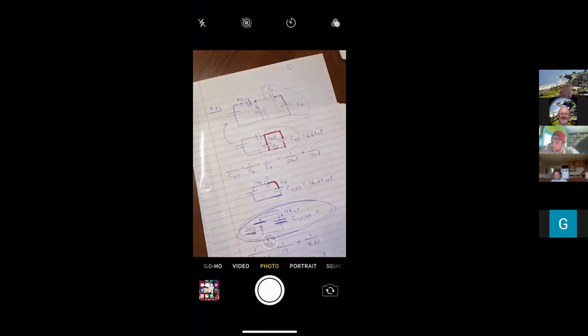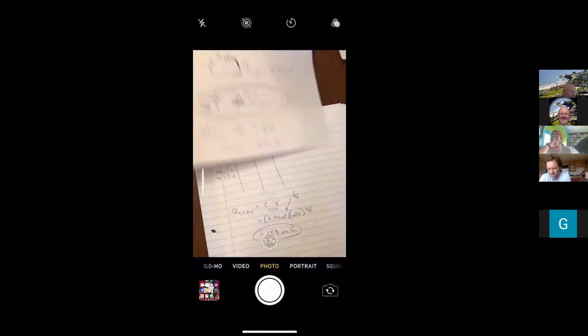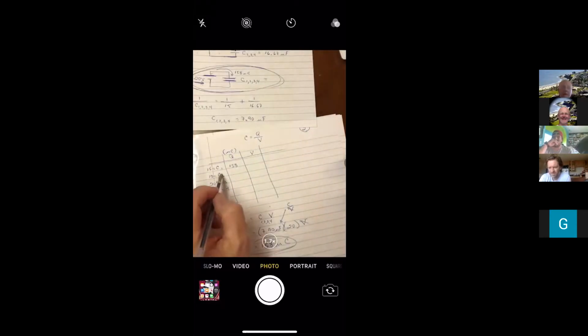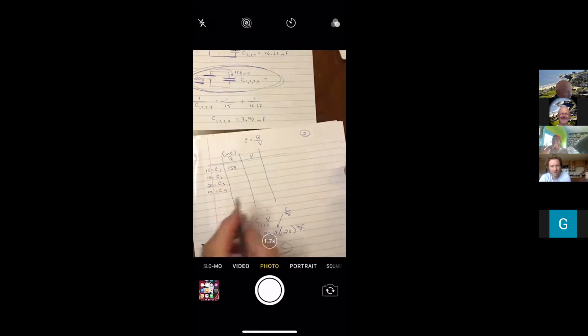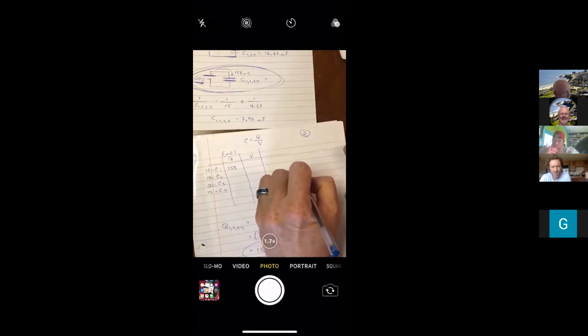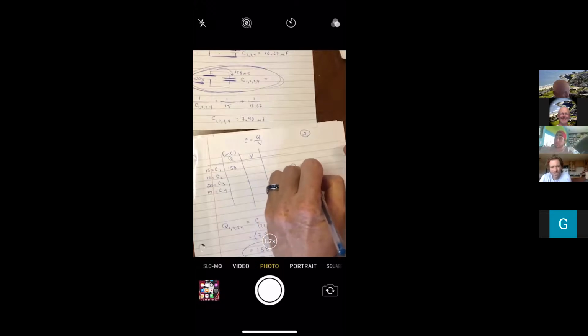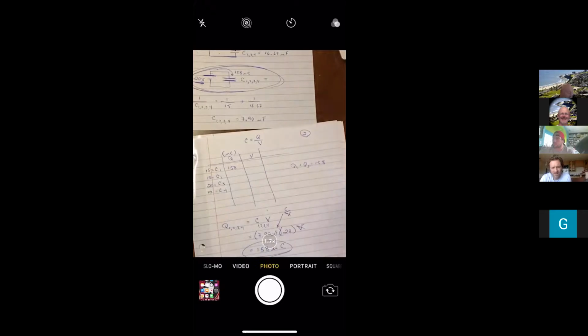So what it does tell me is that the total charge on 2 and 3 added together is 158. It doesn't tell me them individually. So I can't really put anything in this chart, sadly, but I can say charge on number 2 plus charge on number 3 is 158.